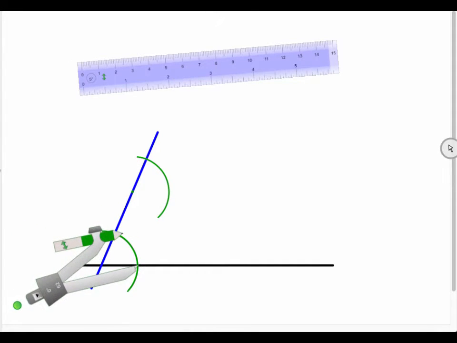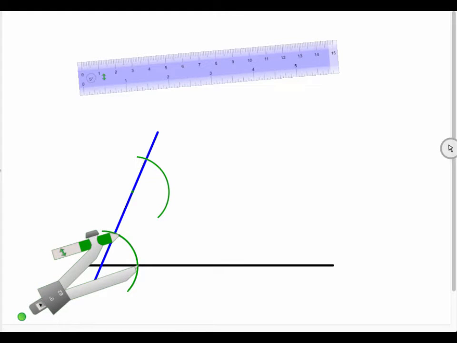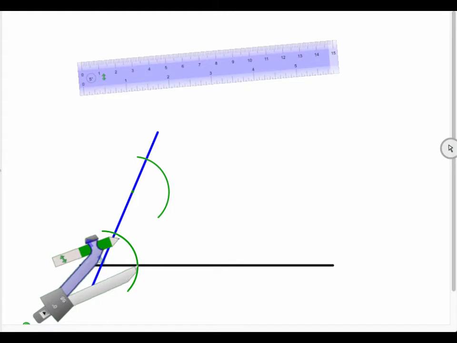Okay? Now the next thing that I'm going to do is I'm going to measure this distance here. And let me change the color here. And I want to make sure, yep, that's just about right.